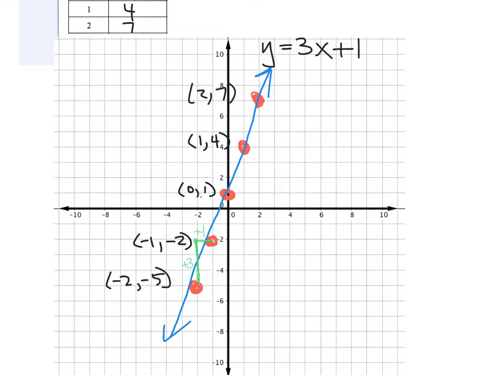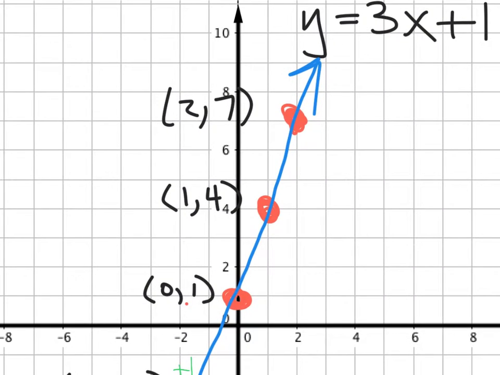Now, we could even skip a dot if we wanted to. We could start at this dot and go up to this dot, skipping this dot. Now, what happens if we do that? Well, to go from this dot to this dot, you always start with your vertical, then your horizontal. And so what did we do? Well, we went up 1, 2, 3, 4, 5, 6.